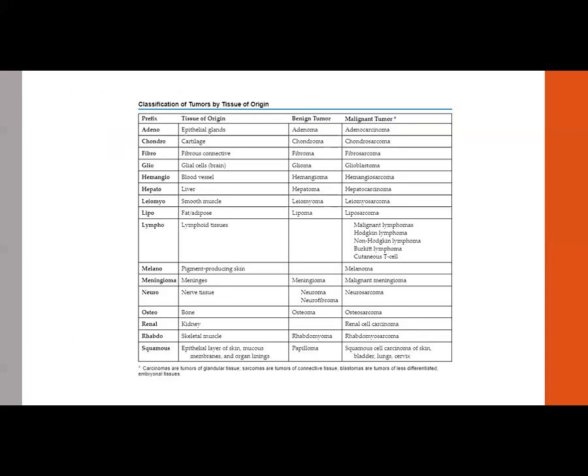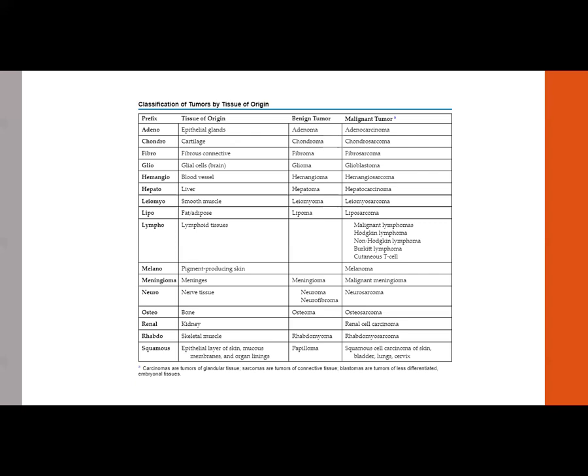And this is another chart that tells you where these different tissues of origin are. It's helpful, especially if you decide that you want to go into surgery, to look at it and think, okay, this carcinoma came from that epithelial gland. So it puts in perspective where it's coming from.